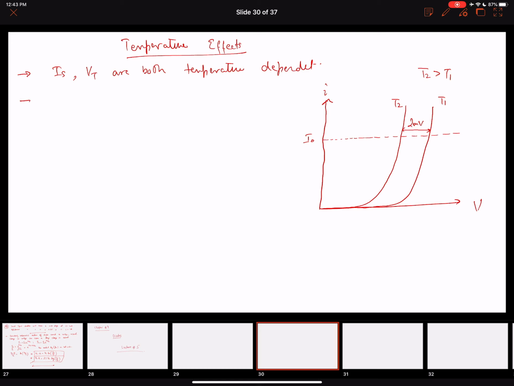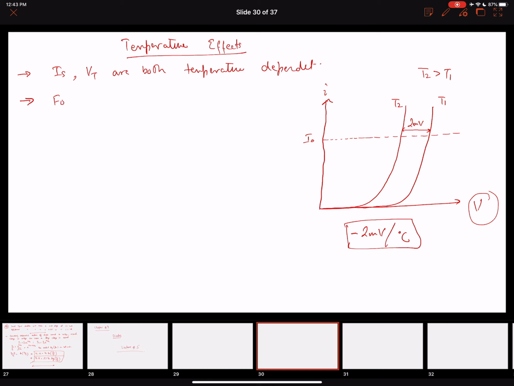Right, so what does it say? This plot says that if we have an increase in temperature, the voltage that is required to put the diode in conduction will be reduced by 2 millivolts. So for every degree Celsius rise in temperature, there will be a reduction of 2 millivolts, right? So it will be minus 2 millivolts per degree Celsius rise in temperature.